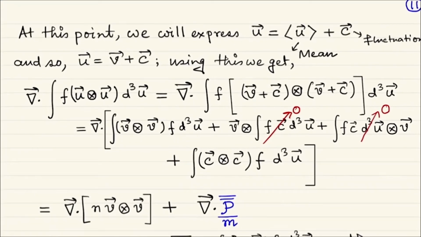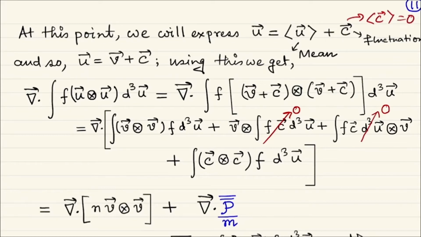Now at this point we can do something much more interesting. We express u at every point as the mean value plus the fluctuation with respect to the mean. The mean value is nothing but the angular bracketed u, or V, plus we call the fluctuation C. The fluctuation C means that the statistical average of C will be 0.